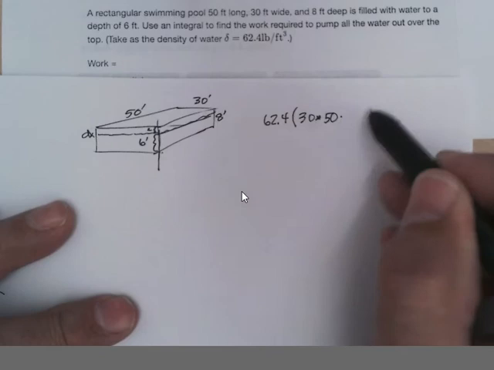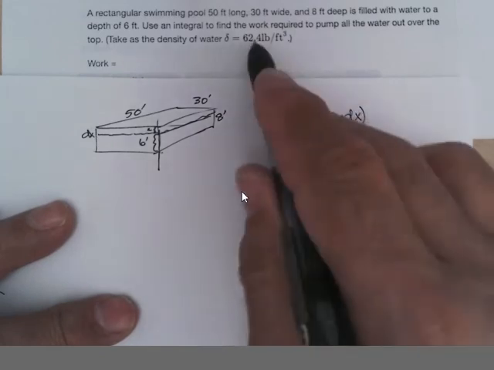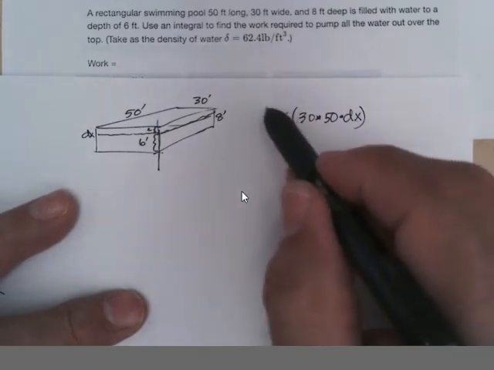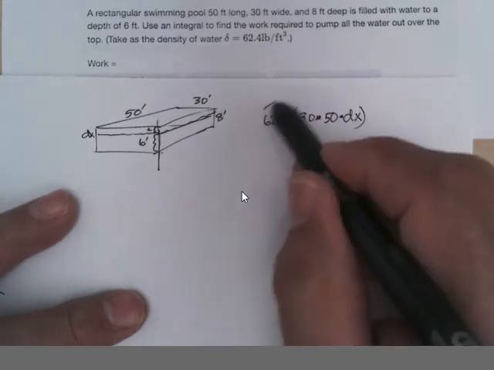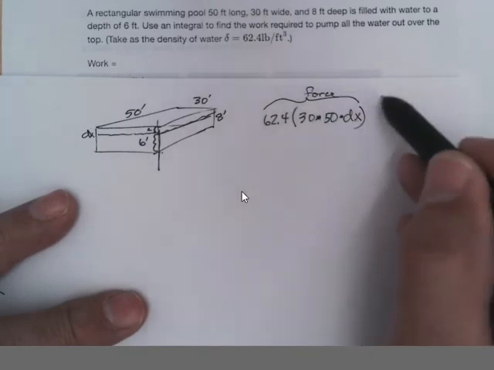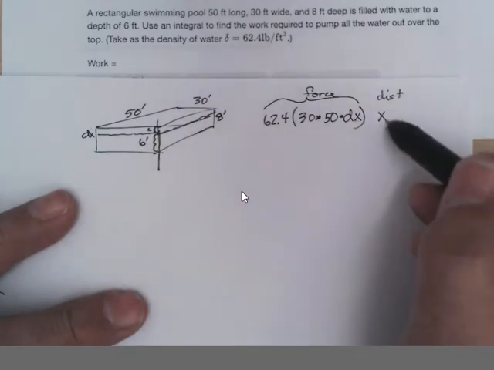I should use a dot so it doesn't get x times dx. So there's a volume times the pounds per cubic foot, makes it just pounds, which is a force, times the distance I'm going to lift that disc, which is going to be x.